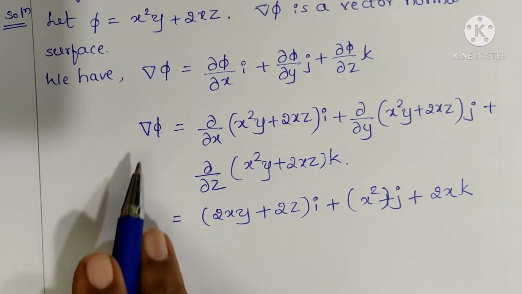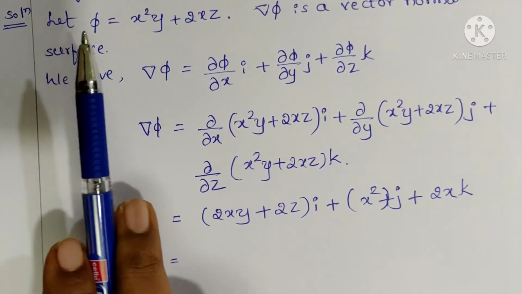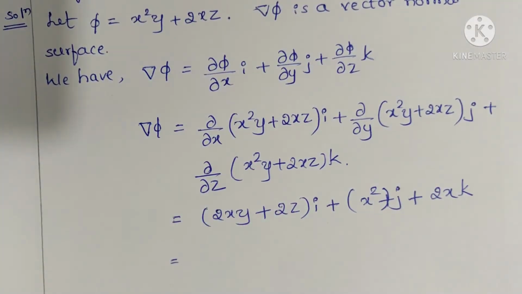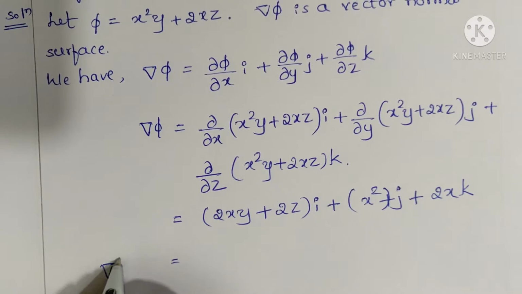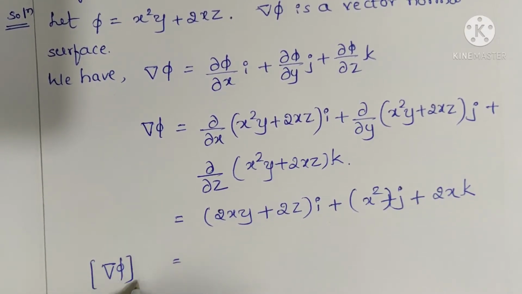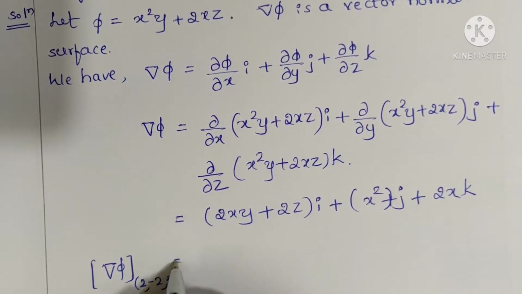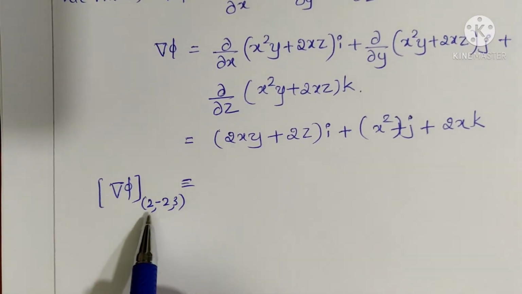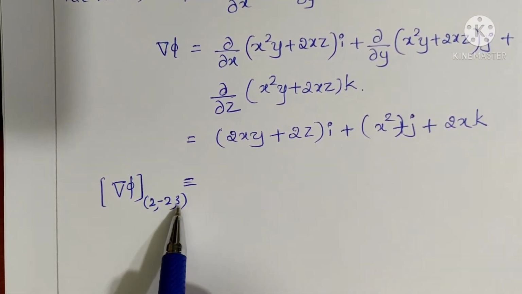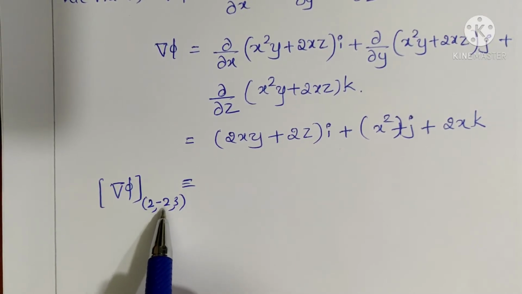Now this vector normal to the surface at the indicated points is given. That's why del phi at the point (2, minus 2, 3) is given by x is 2, y is minus 2, z is 3. So wherever you have x, y, z, put 2, minus 2 and 3.